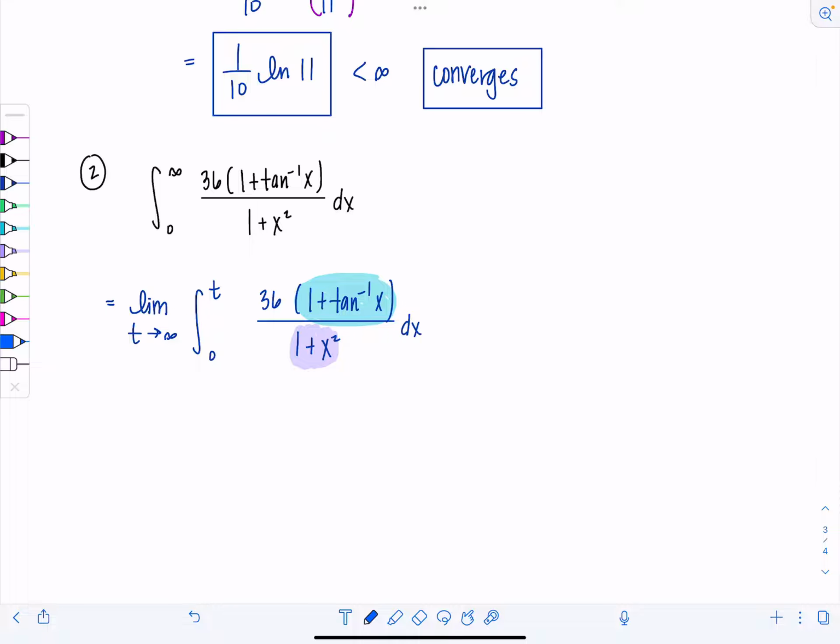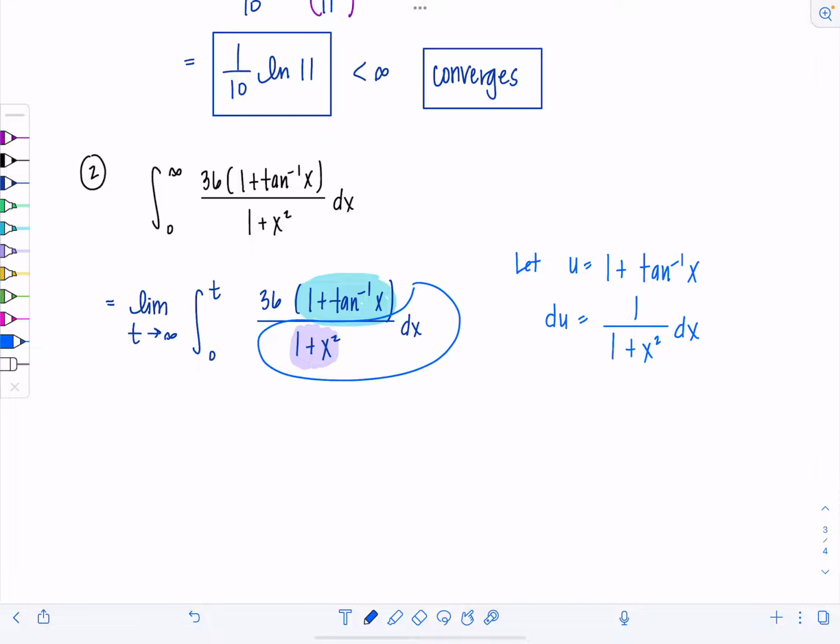So let's see if that will work. Let's go ahead and let u equal 1 plus tan inverse of x. And then what would du be? So the derivative of 1, that's a constant, that's just going to be 0. And then the derivative of tan inverse of x is 1 over 1 plus x squared dx. Perfect, right? That's exactly what we have here.